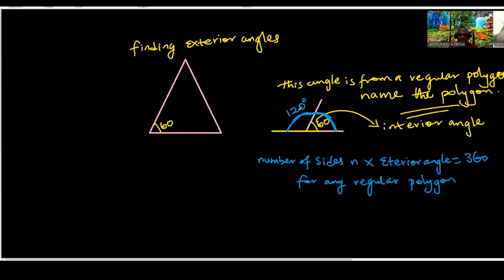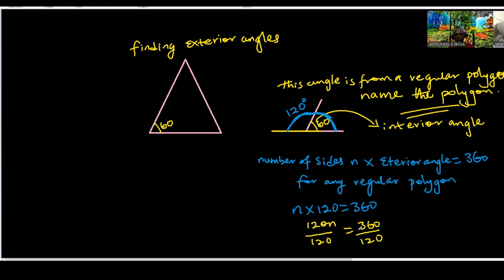We have known the external angle here is 120. So number of sides now times 120 equal to 360. How can we get the number of sides? We just divide both sides by 120. So 120n over 120 equal to 360 over 120, right?